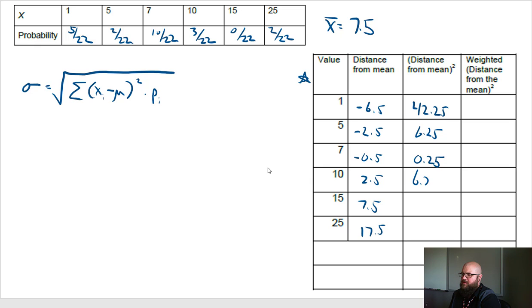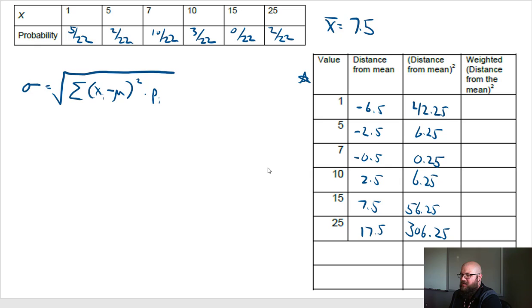Again, we get 6.25 here. And 7.5 squared is 56.25. And 17.5 squared is 306.25.